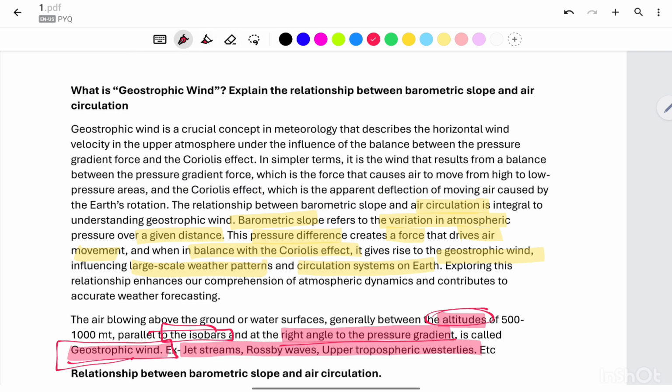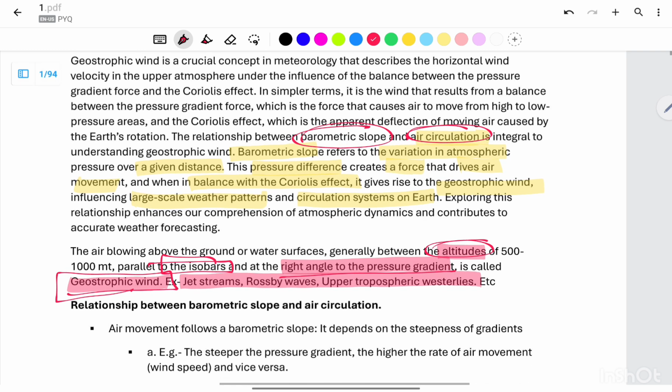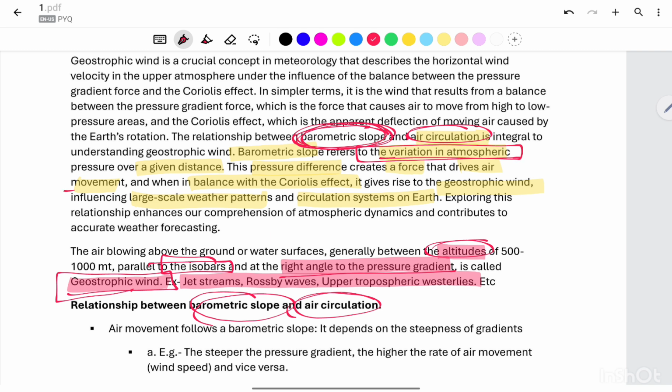Now what is barometric slope and air circulation? The next part, barometric slope and air circulation. Barometric slope is nothing but the variation in atmospheric pressure over a distance.